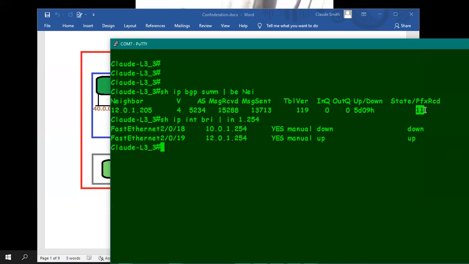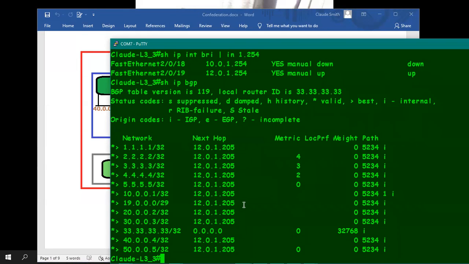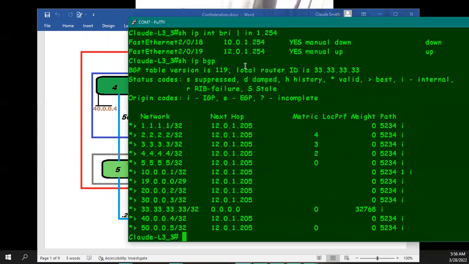Okay? And you'll see this here is receiving 11 prefixes, but that's where I'm going to show you a problem later on, because this actually goes back into show IP BGP, all these routes here. Now this is kind of synonymous of BGP coming through into your autonomous system, which is a no-no.